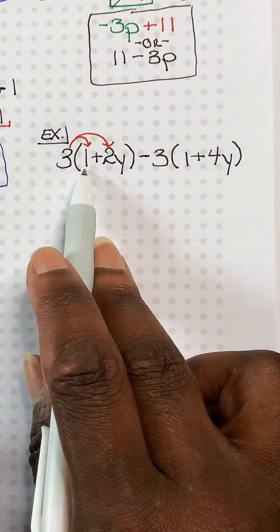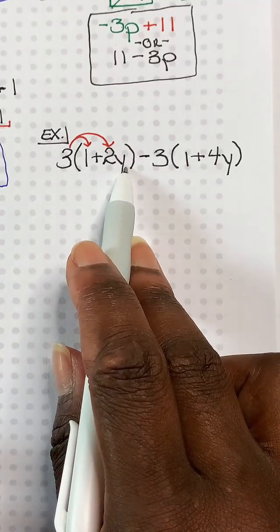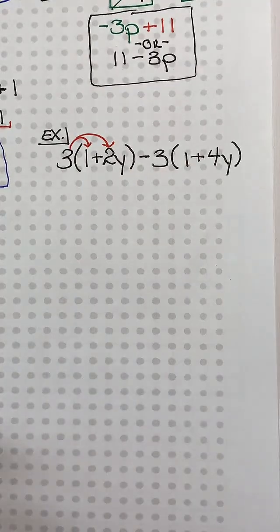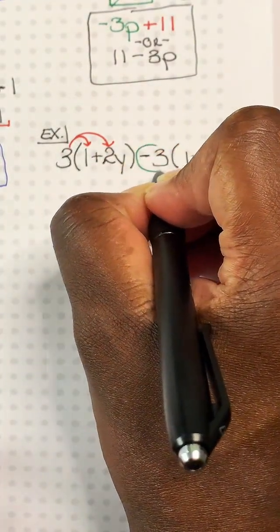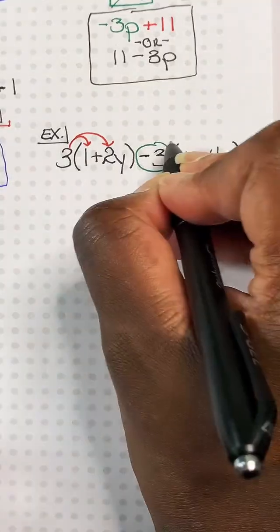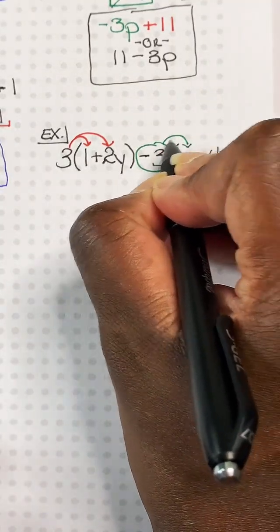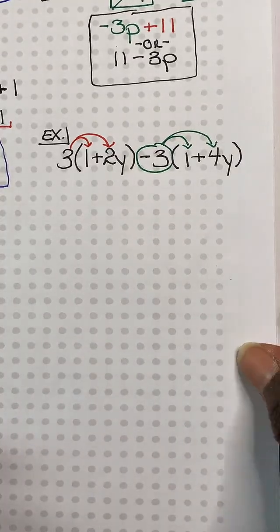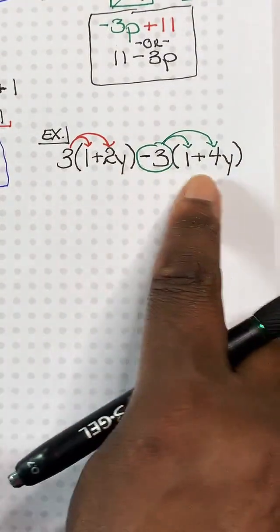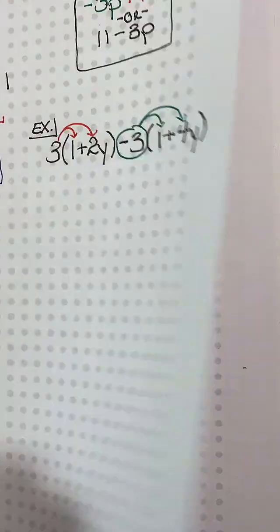Just to the beginning and the end of that parenthesis. For this one, we're going to take this negative 3 and we're going to distribute it to everything inside the parenthesis. So we got 2 different sets of distributive property.